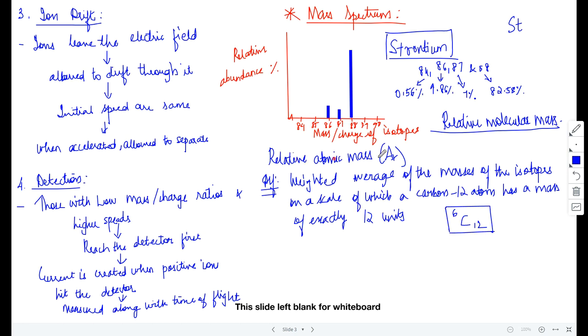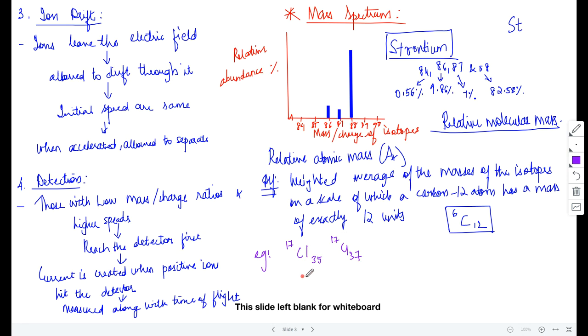So you understood what a relative atomic mass is? I'll give you one simpler example, not going into detailed form. Let's take chlorine. Chlorine has atomic number 17, and it has two isotopes, chlorine-35 and chlorine-37.